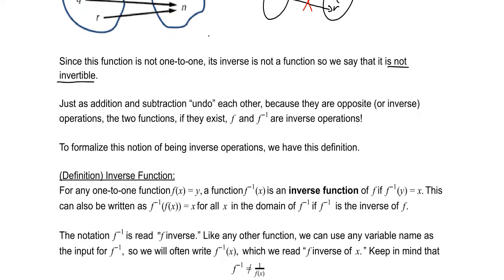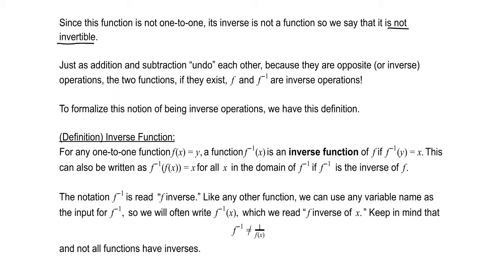Here's the formal definition of an inverse function. For any one-to-one function f of x equals y, a function f inverse of x is an inverse function of f if f to the negative 1 of y equals x. This can be written as, and this is the way that we verify if something is an inverse, f inverse of f of x, that's a composition, equals x for all x in the domain of f.